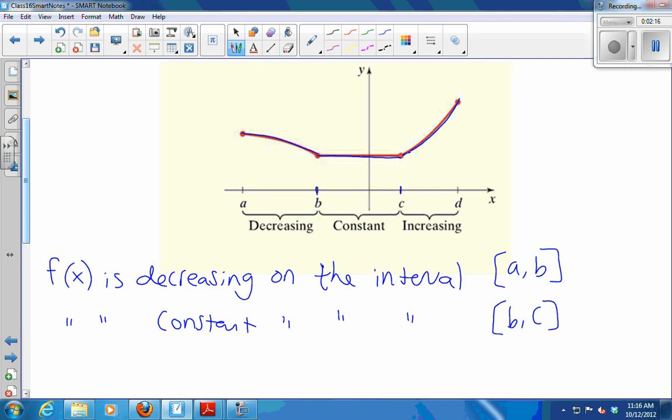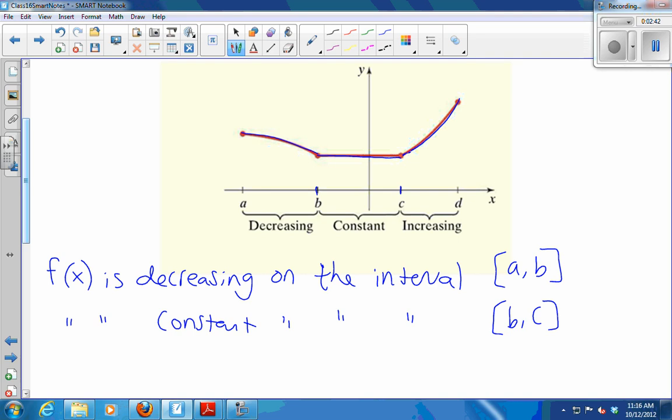Yeah, question? Yeah, this is one of those things where the convention varies from textbook to textbook. Our textbook closes both of them, but I won't mark you wrong because it's not one of those things that's been absolutely decided by the math world, right?